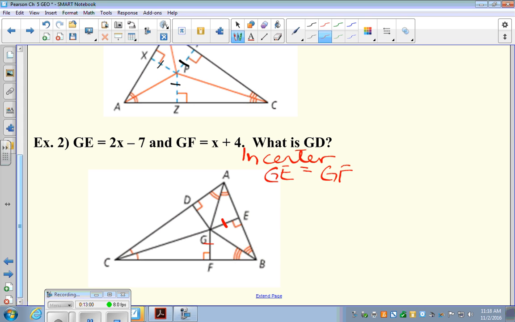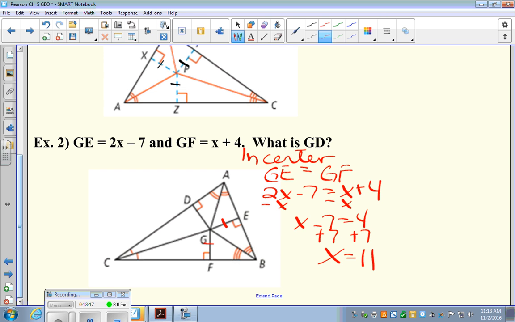So we can say 2x minus 7 is equal to x plus 4. We're going to subtract x from both sides, and x minus 7 equals 4. Add 7 to both sides, and x equals 11. That is not our final answer.